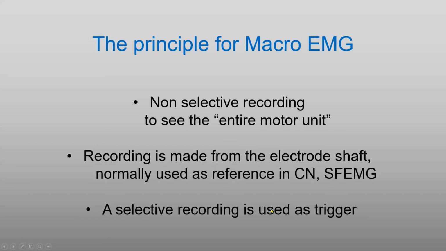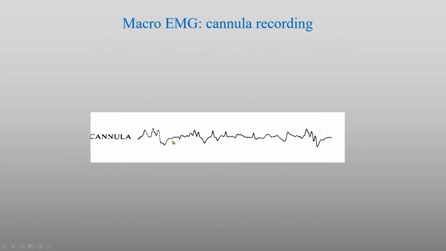And then we need a separate electrode that has better selectivity to mark the motor unit that we are interested in. That means trigger from some of the fibers. And here is that type of philosophy.